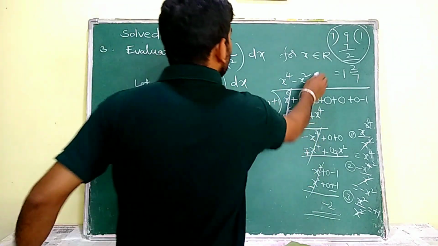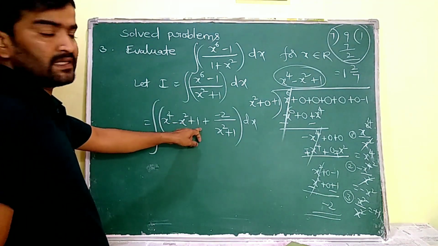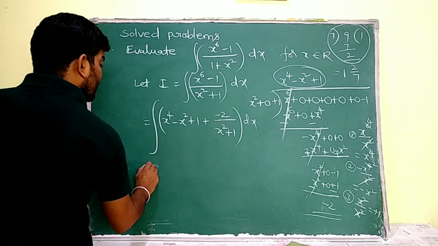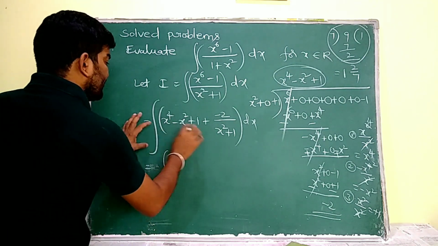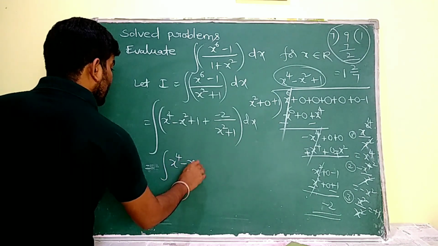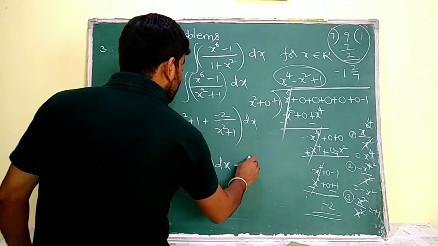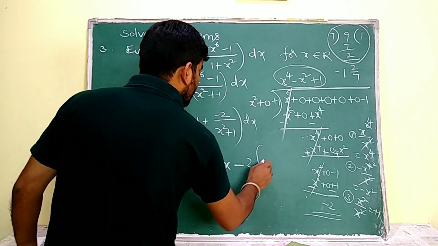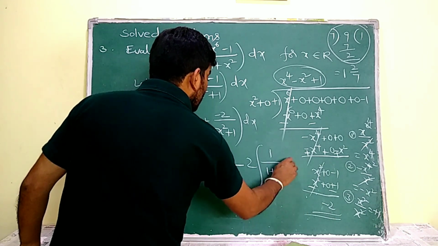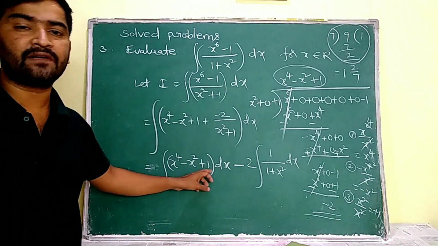Here the quotient is x power of 4 minus x square plus 1, plus the remainder minus 2 by the divisor x square plus 1. Now the integral I am going to split into two: integral of x power of 4 minus x square plus 1 whole dx, minus 2, the constant, taken out, integral of 1 by 1 plus x square dx. This is the combination of 3 algebraic functions.